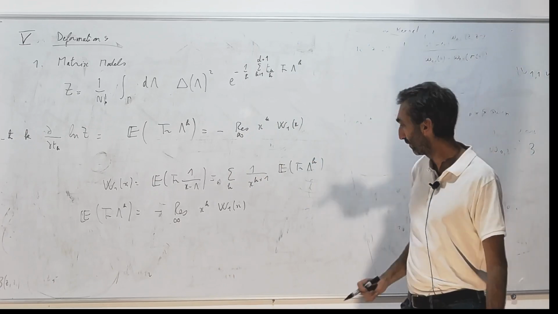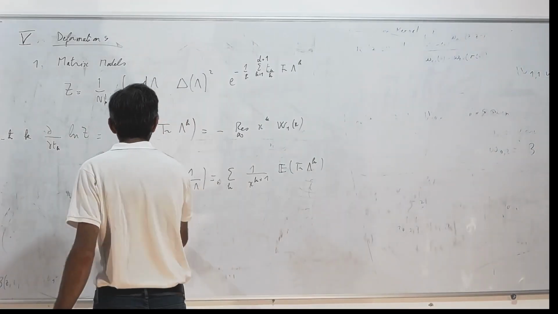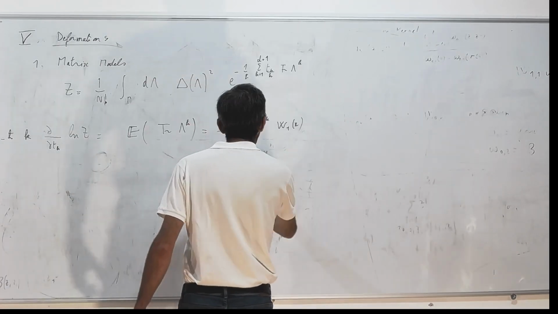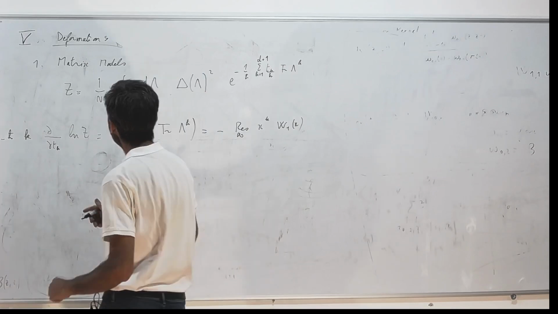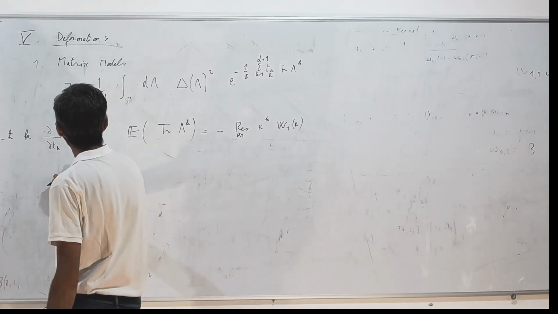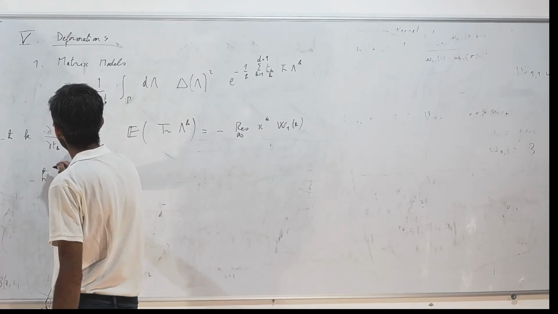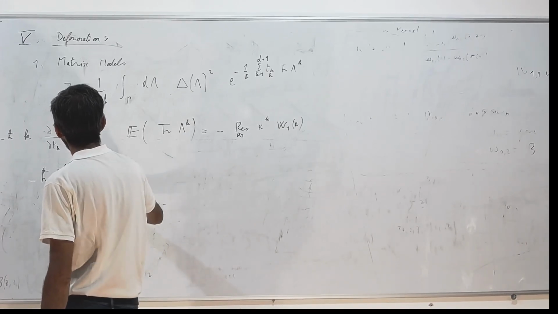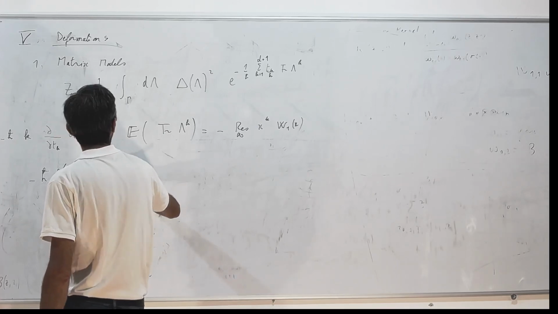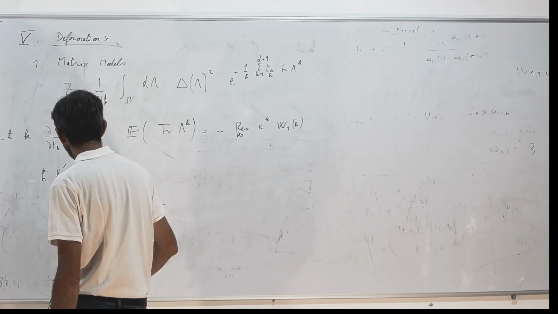Well, okay, let me do the calculation in detail. Let's act again on W1 of x with minus h bar d over dt k.